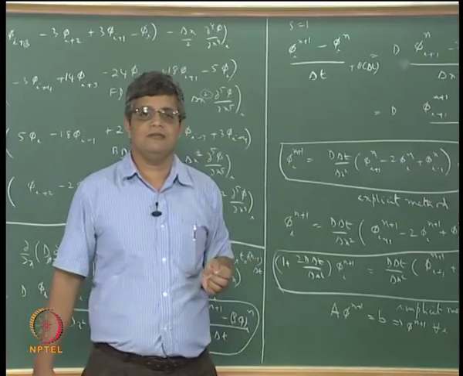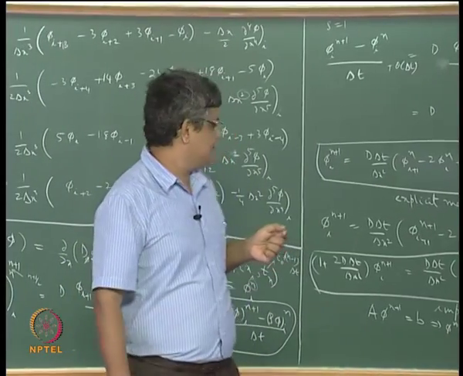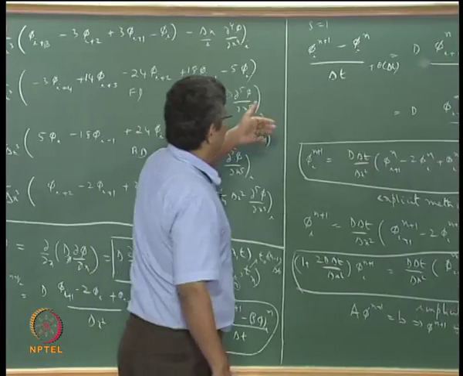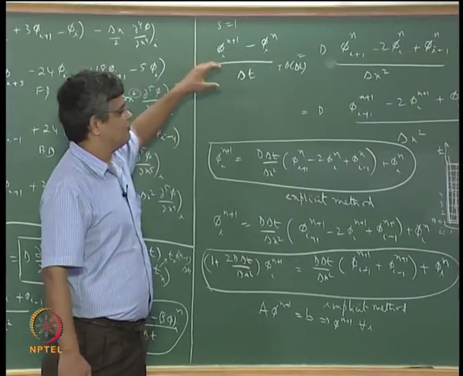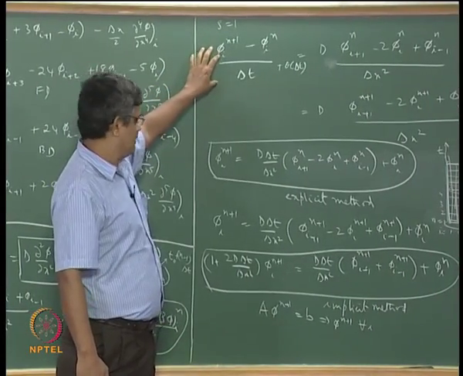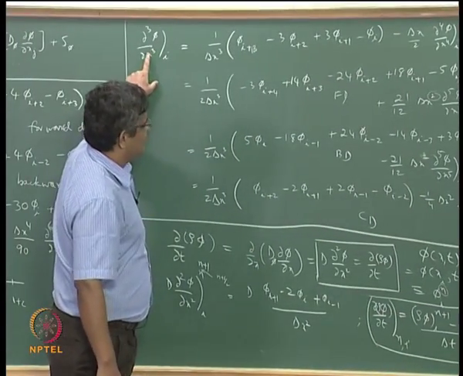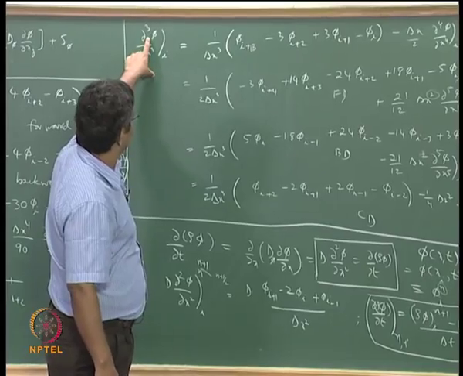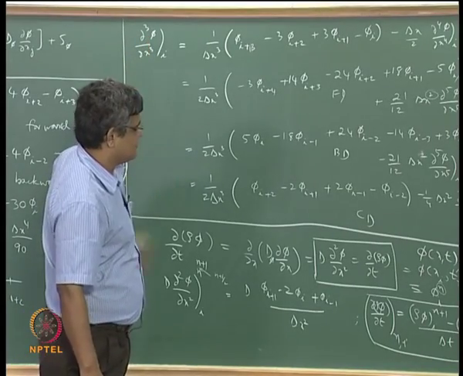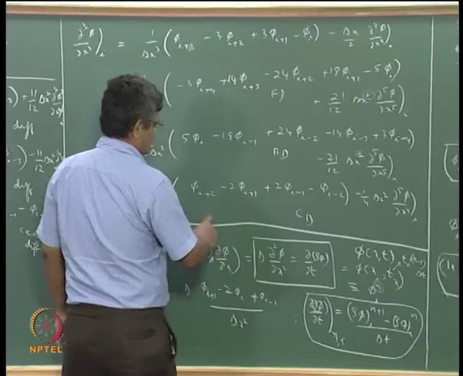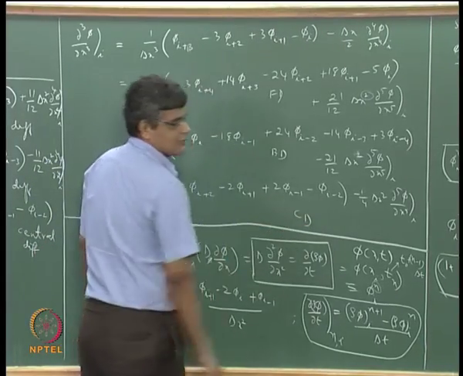Why is that? The reason is that if you want higher order accurate approximations for the time derivatives, just like what we have here, a second order accurate expression for the third derivative will require 4 values.